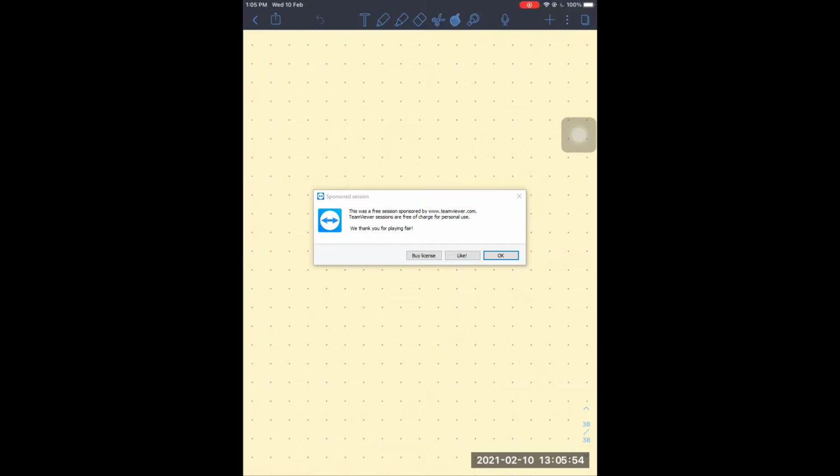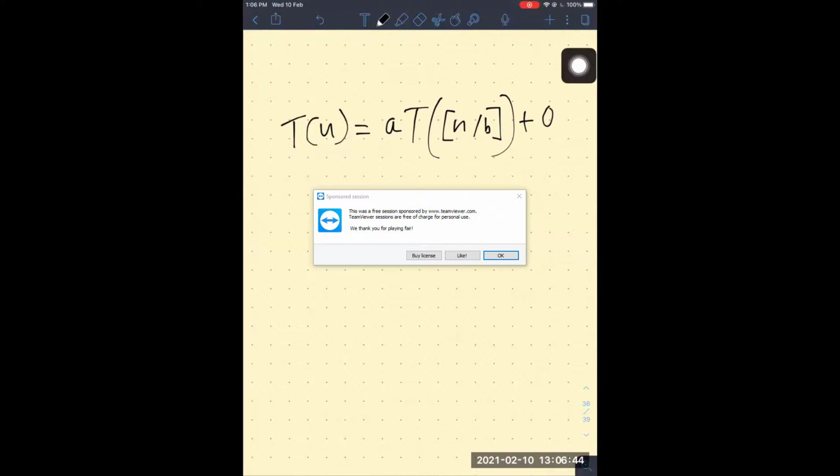So the first thing is that given a function T(n) equals a times T of n by b, plus big O of n to the power d.